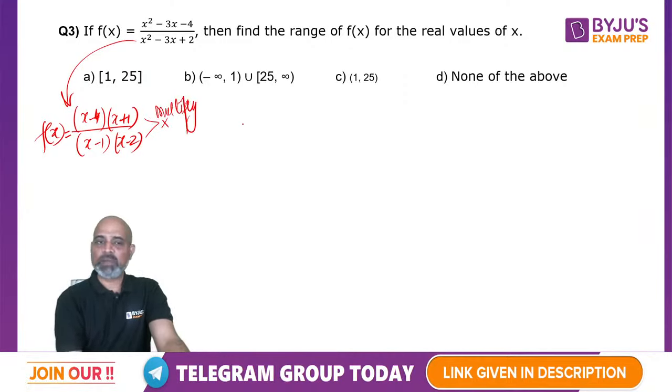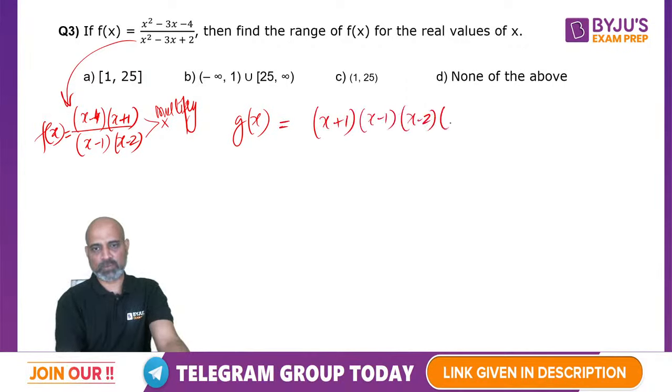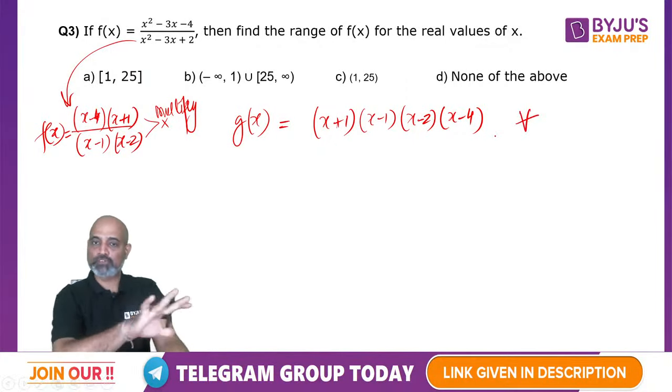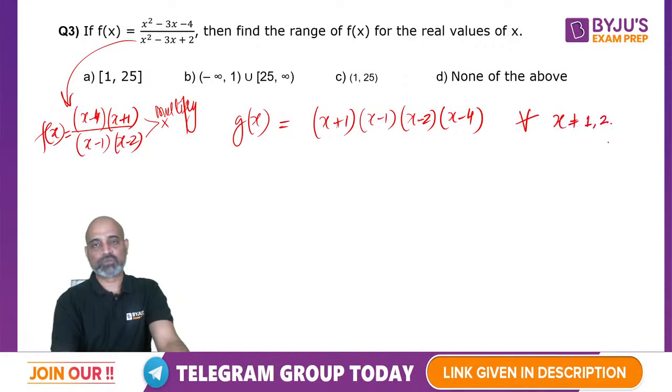So when you multiply, you get a new, let's say g of x, which will look like x plus 1 into x minus 1. I am just rearranging it, okay? That's what I'm doing. Please remember that in each of f of x or g of x, x should not be 1 or 2.